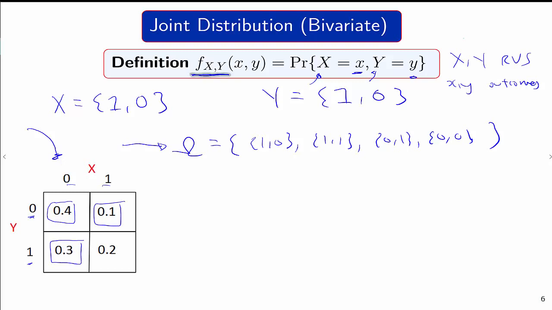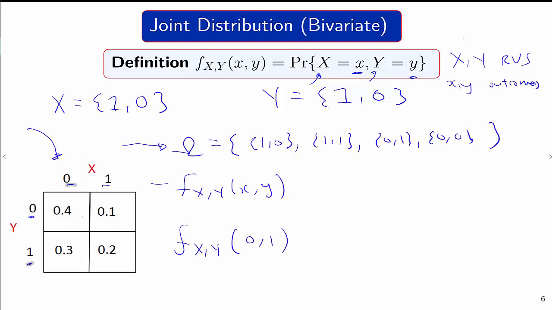So this gives us a visual plot of the joint density function, the probability that X and Y take on every possible combination of values. So for example, F, the joint distribution at 0 and 1, is just the probability X equals 0 and Y equals 1, which would be 0.3.